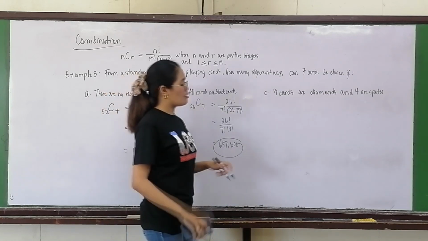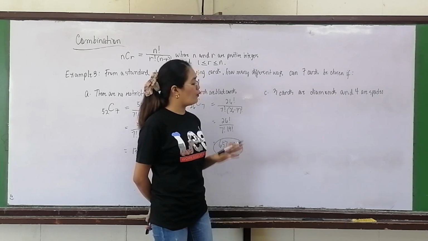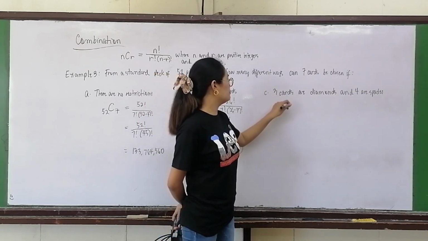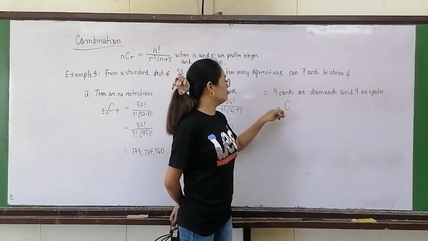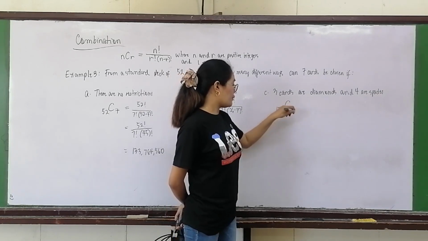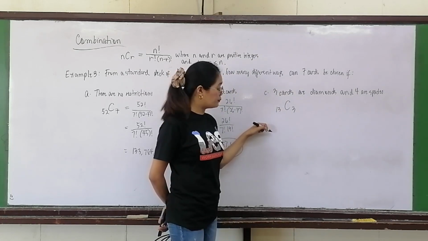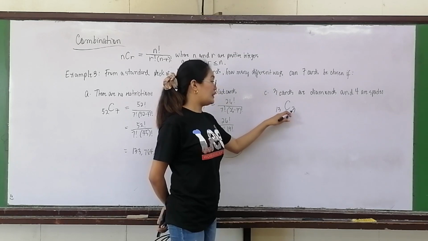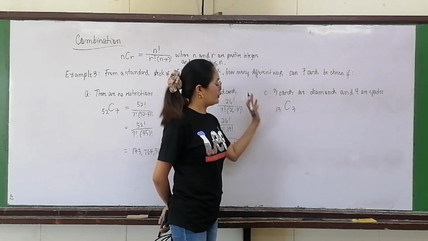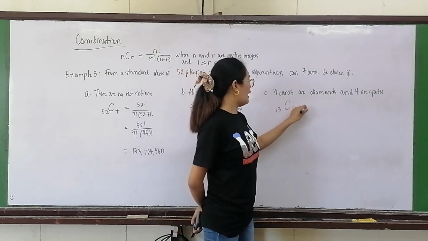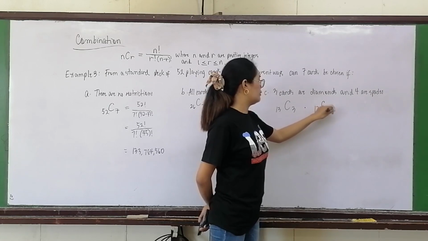Okay? Next, for item letter C, we have 3 cards are diamonds and 4 are spades. We have the combination of 13 taken 3. Our N here is 13 because again, we have 13 diamonds, and choosing 3 cards out of the 13 diamonds will give us this notation, 13C3 times 13C4.